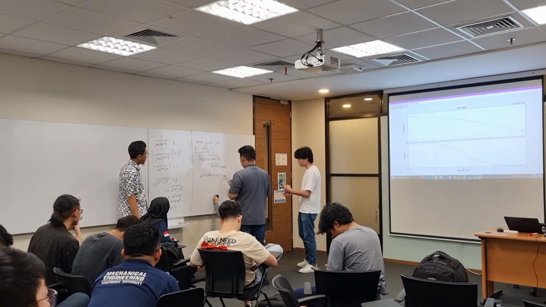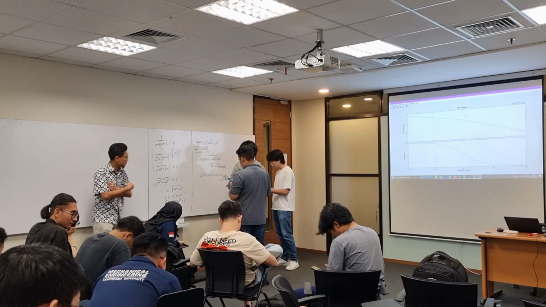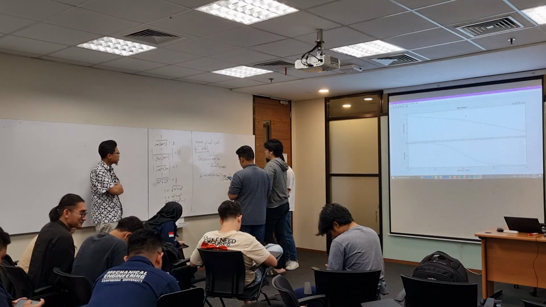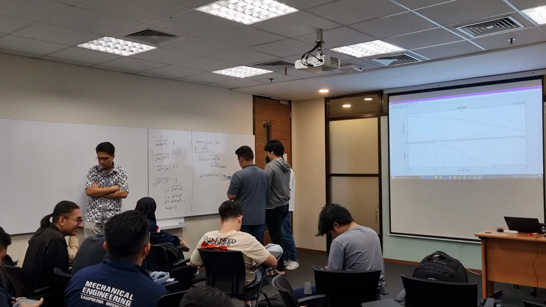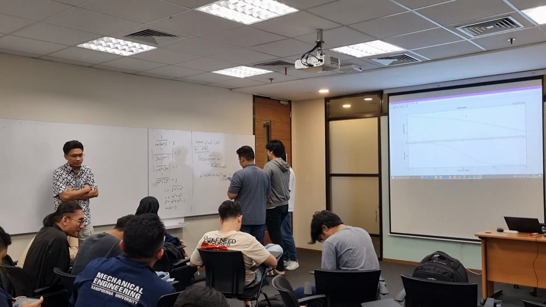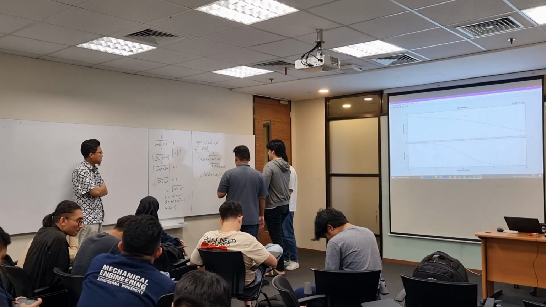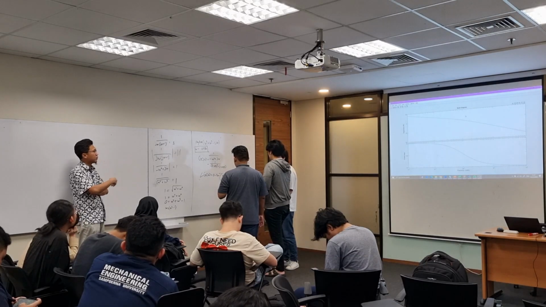Okay, what's the value now? What's the tan inverse value? It's in radians, 0.9 radians. Put it in degrees, of course.